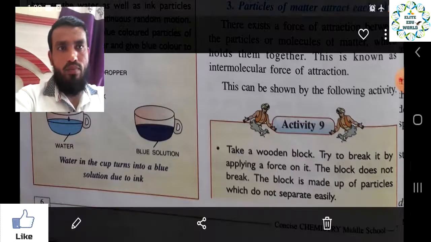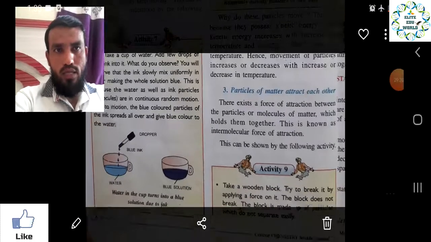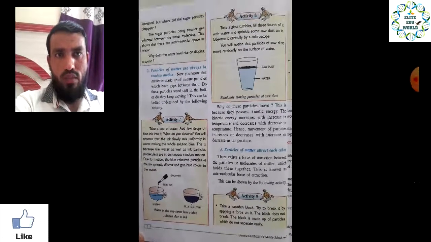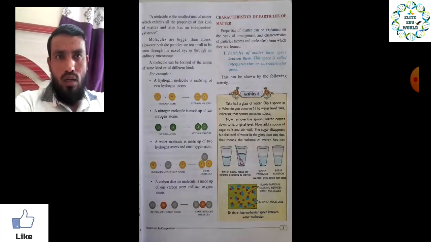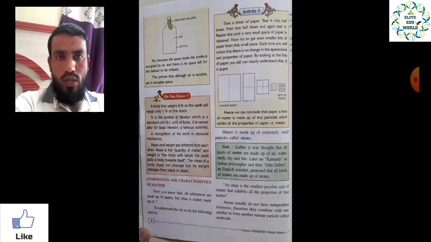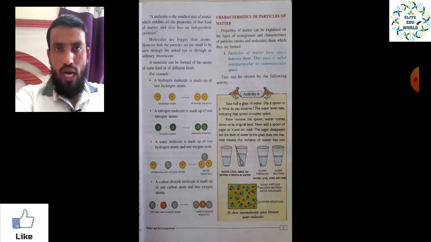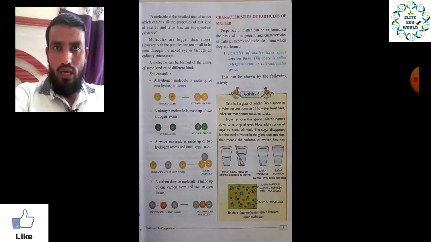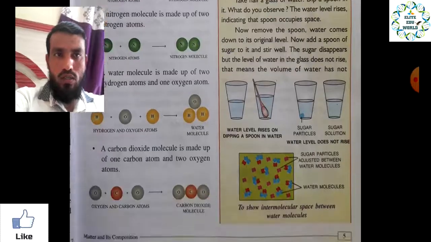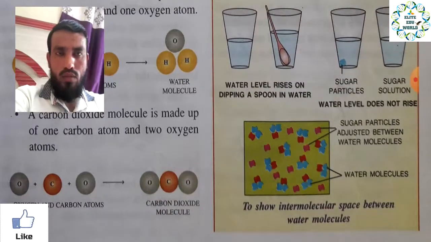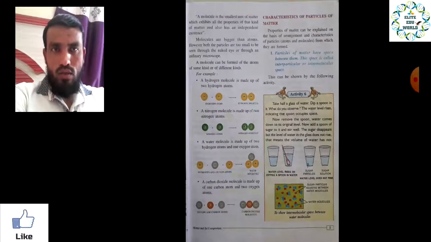We will continue this activity in our next lecture, and up to that, just go through whatever points we have studied and whatever activities we have seen in our discussion. What are molecules, and how are they made? A molecule is made by different atoms, which can be of the same kind or different kinds. You can draw the model for the molecules of water and how sugar dissolves into the water.